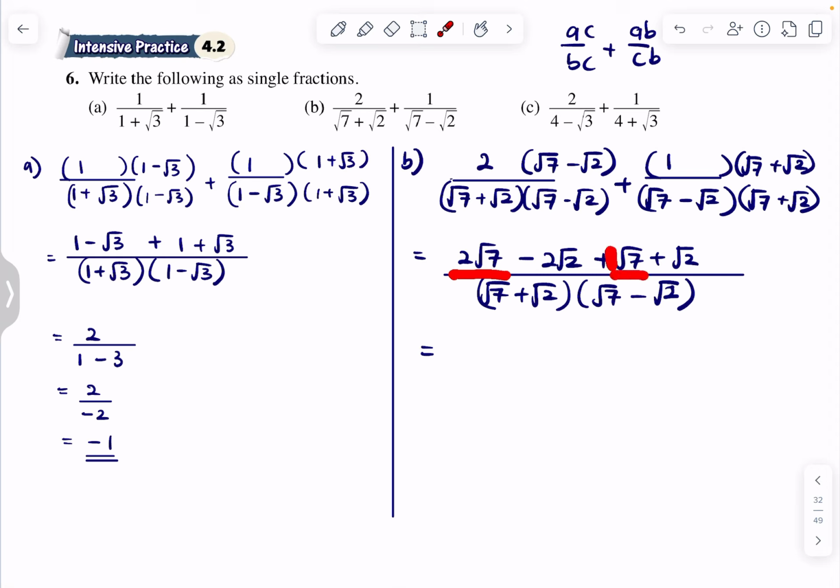So this is 1√7. So 2 oranges plus 1 orange, we will get 3 oranges. So 3√7. Then negative 2√2 plus √2. So this is 1√2. So negative 2 oranges plus 1 orange will be negative 1 orange. So of course negative 1, no need to write the 1.